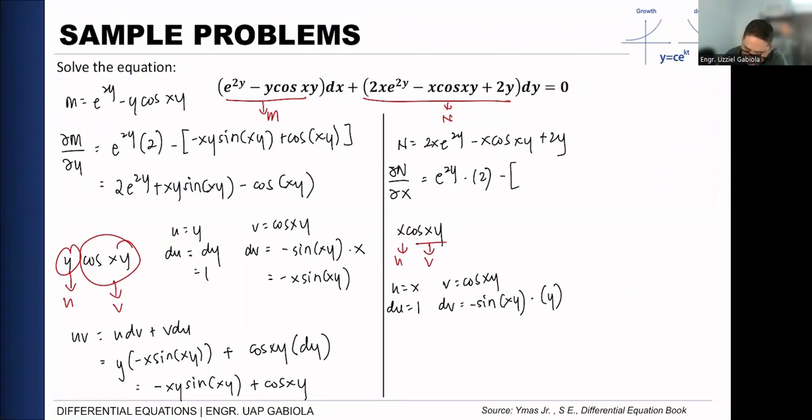So, derivative of uv is equals to u dv minus v du. Okay? So, x times, this is negative y sine xy. So, negative y sine xy minus v natin is cosine xy times du is 1.